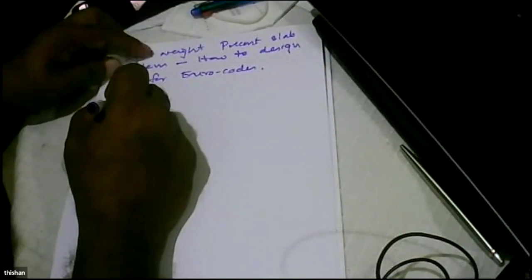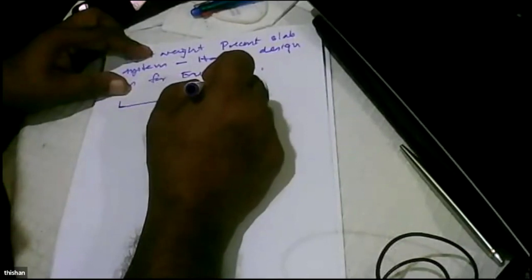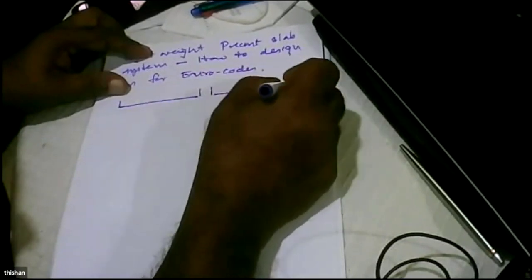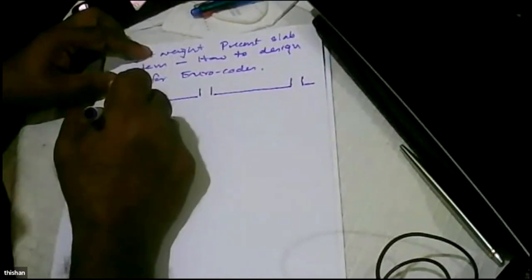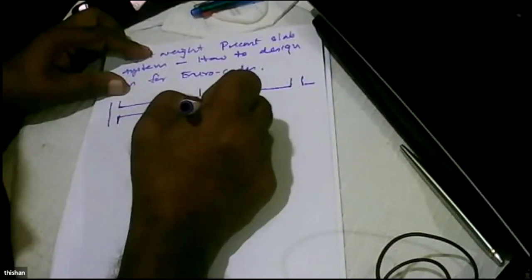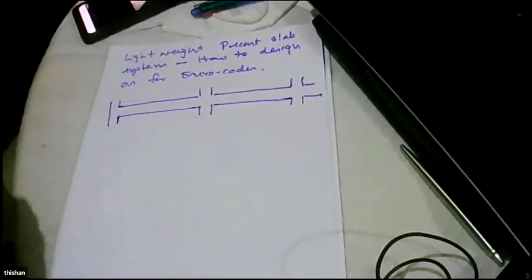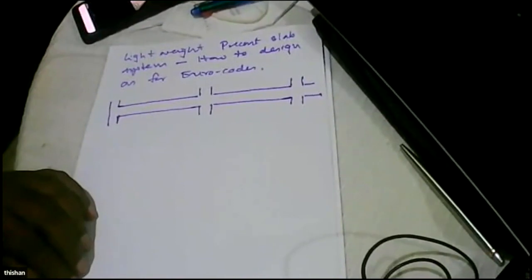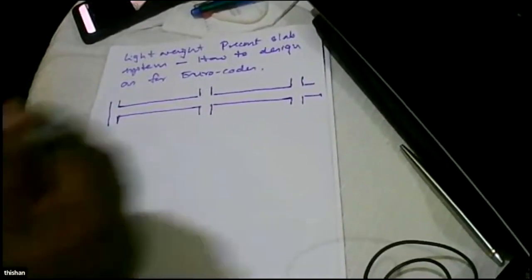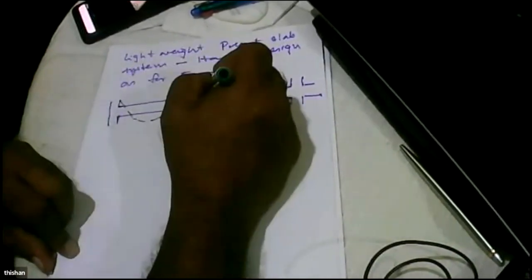If you take a normal slab, like this, supported by beams, and draw a bending moment diagram for this, it will take the shape like this.